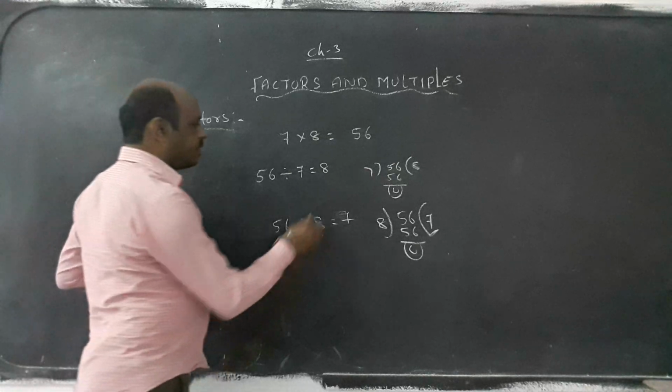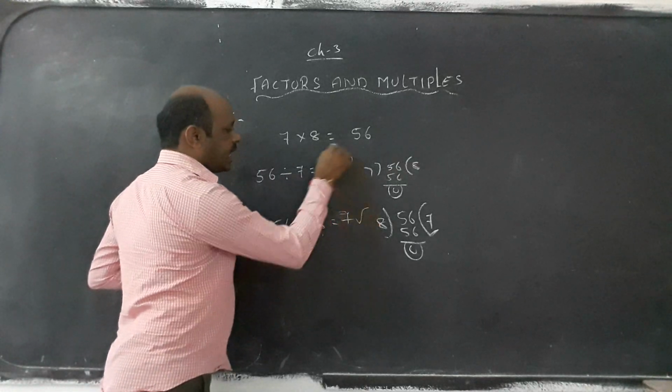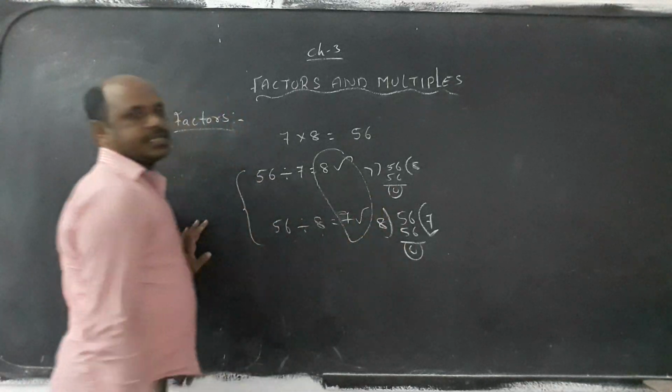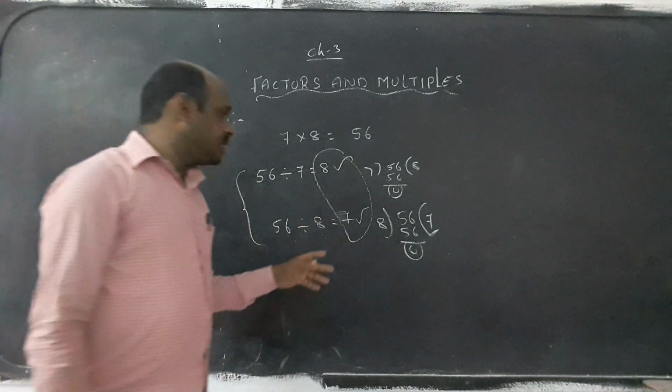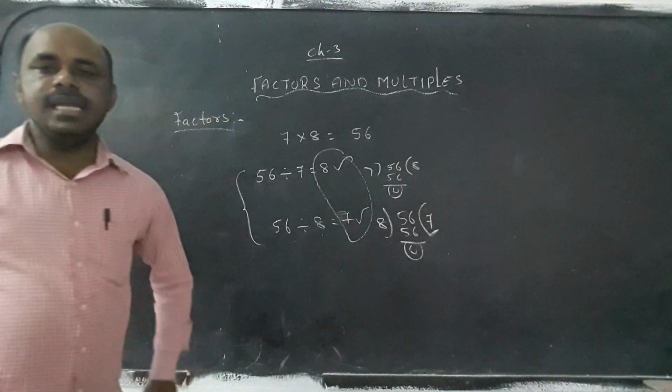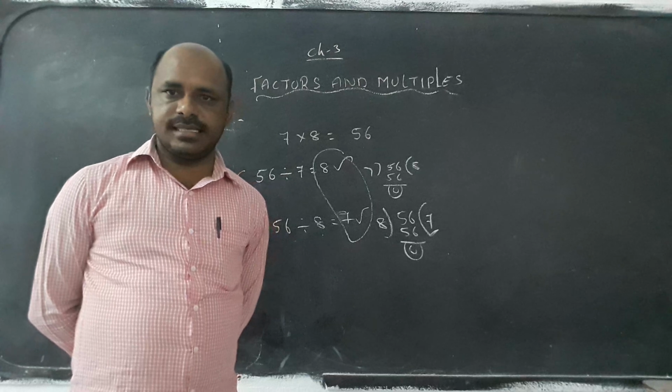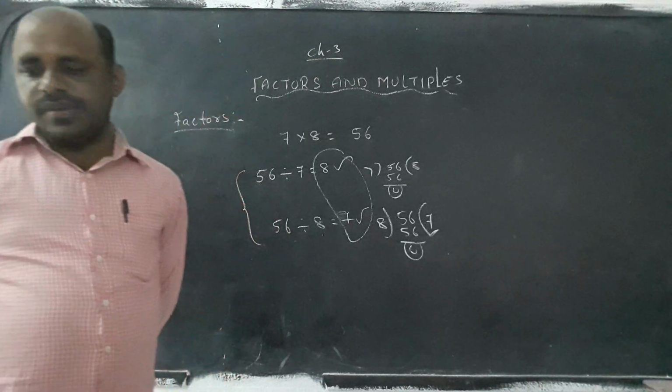Whenever we divide 56 by 8 and 7, we get remainder 0. That time we say 7 and 8 are the factors of 56.